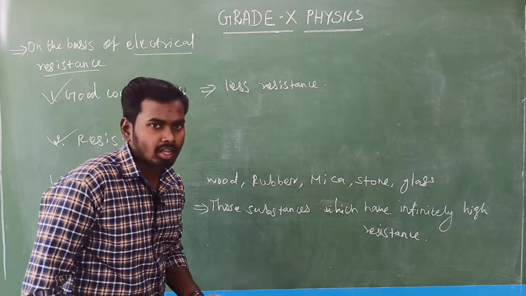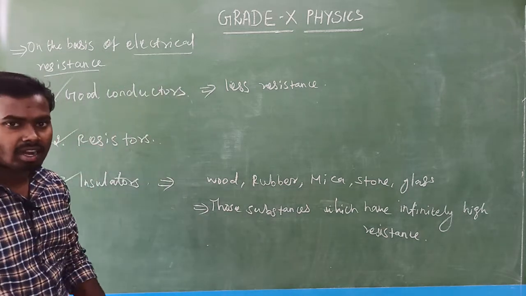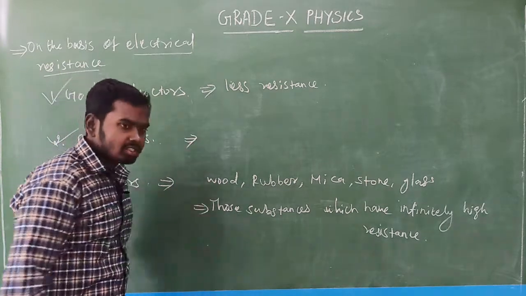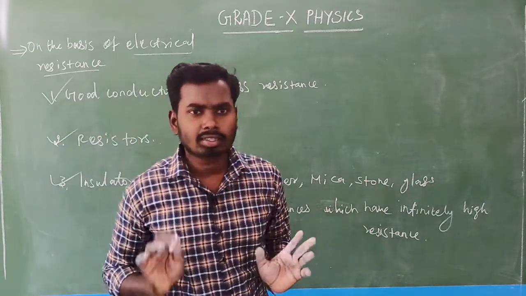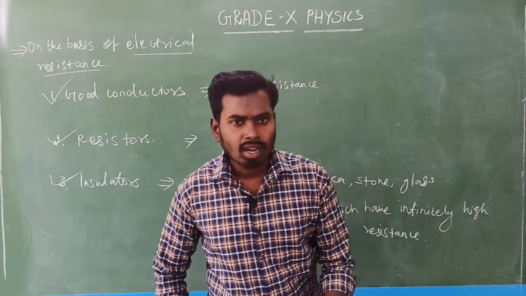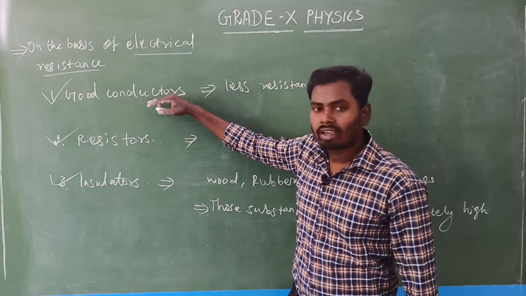Next, come to resistors, sir. What is a resistor? The title itself reveals the answer. Here the resistors also have some resistance. Note this point. The resistors also allow the current to pass through them, but not at the rate of good conductors.